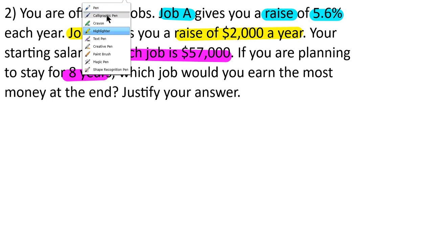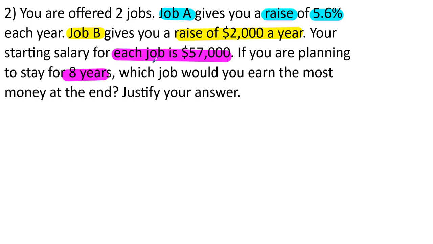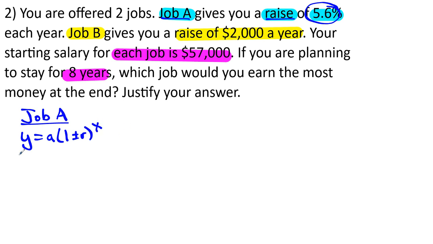So let's go ahead and, again, look at the values to find out which one's linear and which one's exponential. So if I look at my first one, it's a raise of 5.6%, job A. Since it is a percentage, that makes it an exponential function. So then we write the exponential form that we will be using to evaluate it.